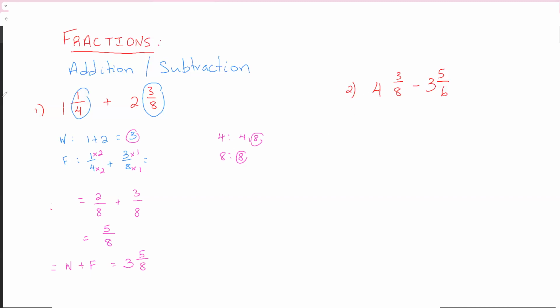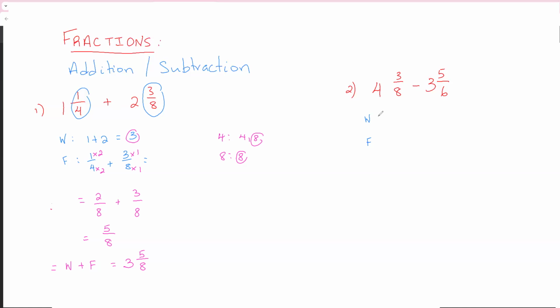Look at number 2. We have 4 and 3/8 minus 3 and 5/6. Same thing. Break up your numbers into whole numbers and fractions.